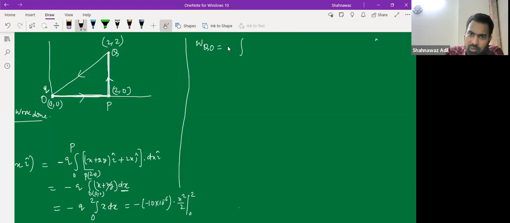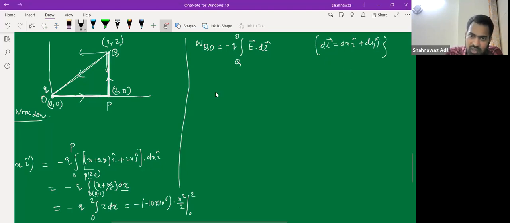So this would be minus integral Q to O E dot dl. And you guys can see that in this direction, we are moving in both the X direction and the Y direction. So we have two directions in here. So dl would be dx i plus dy j.